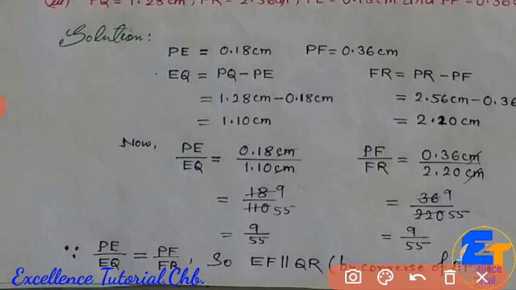Since the ratio is equal, EF is parallel to QR. This is the solution for the third question. But in this question, a little calculation is required in this part. So first find the ratio of either side of the triangle.